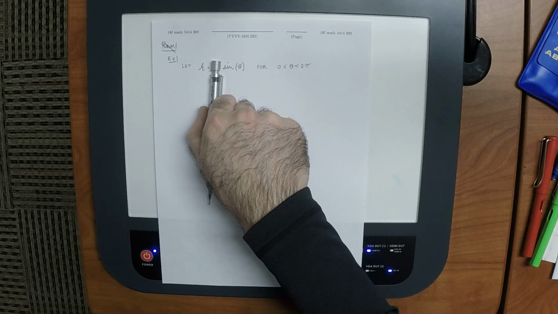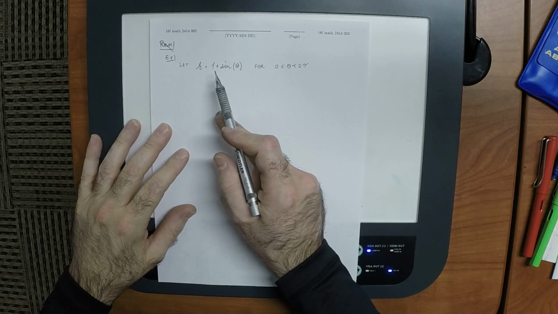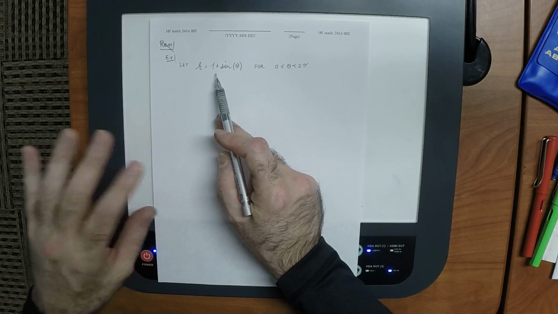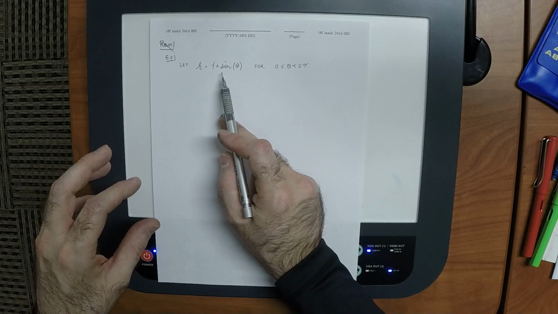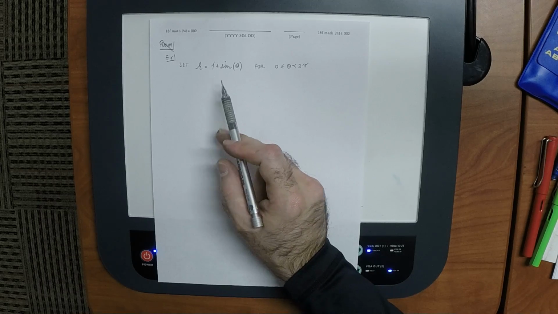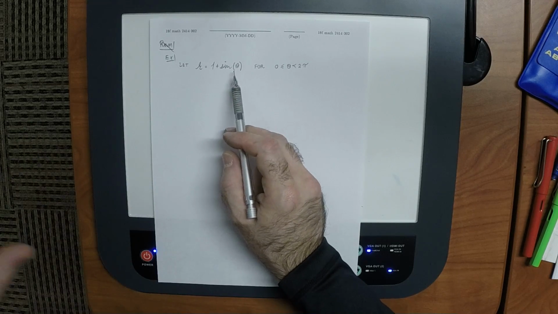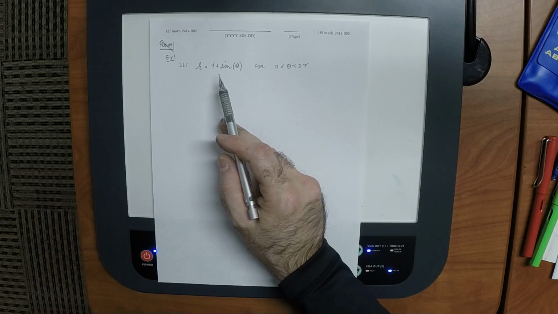The smallest sine can be is negative 1, and then we're adding this 1 here. So what's the biggest that r can ever be? 2, right? And what's the smallest that r can ever be? 0, right? Because the range of sine is negative 1 to 1, and if you add 1 to that, the range of this is going to be 0 to 2. Okay?